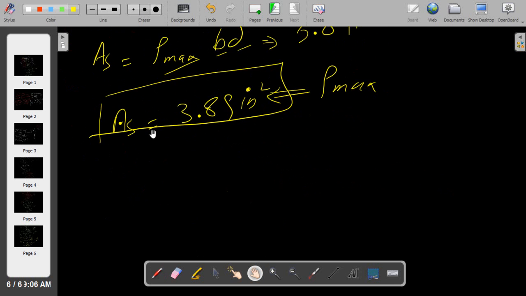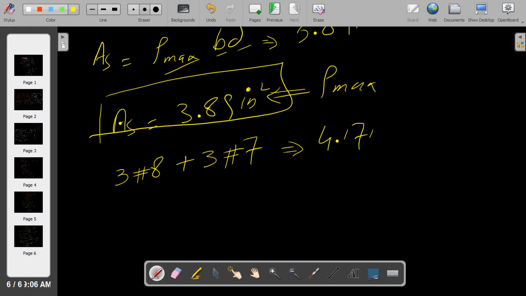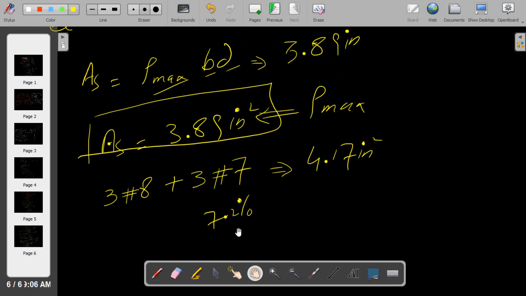This area of steel can be provided by using 3 number 8 bar plus 3 number 7 bar. This will give us an area of steel equal to 4.17 square inches, which is roughly 7.2% more than the calculated value 3.89.